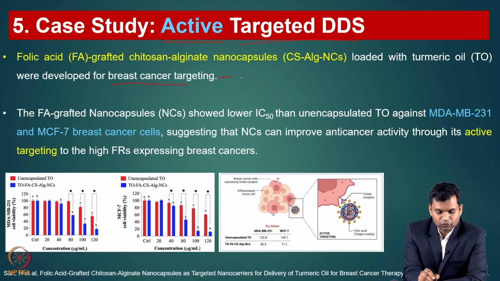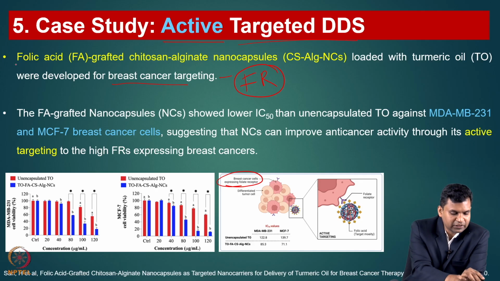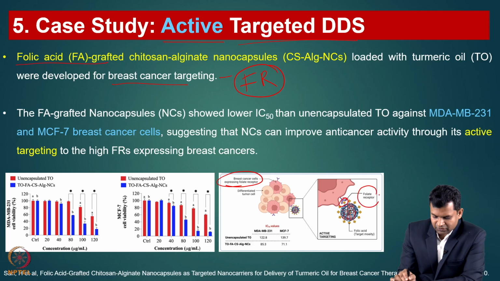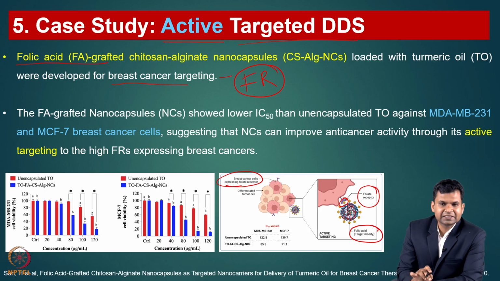As we know, the folate receptors are overexpressed in the cancer cells, and you can also see this in the picture. To target this folate receptor in breast cancer cells, your carrier should be grafted, conjugated, or functionalized with the folic acid molecule, because folic acid will specifically bind with the folate receptors overexpressed on the cancer cell.